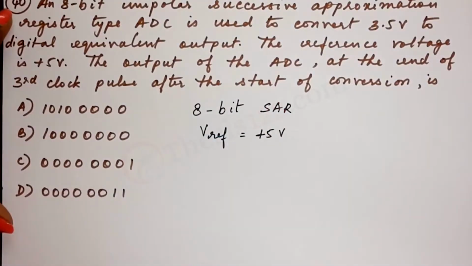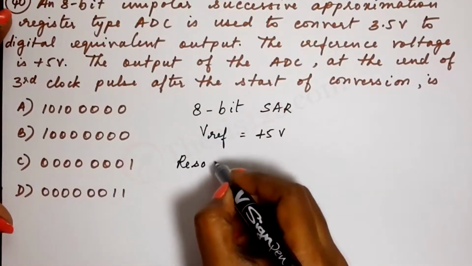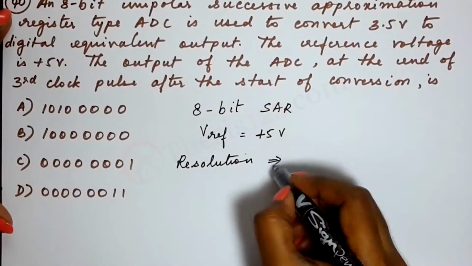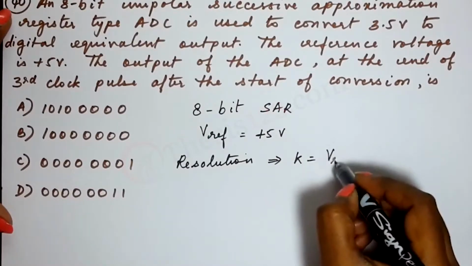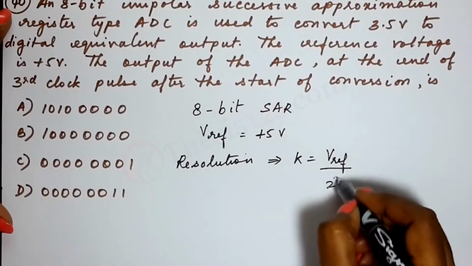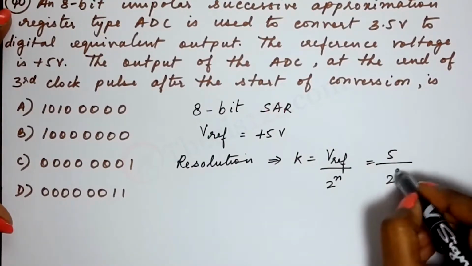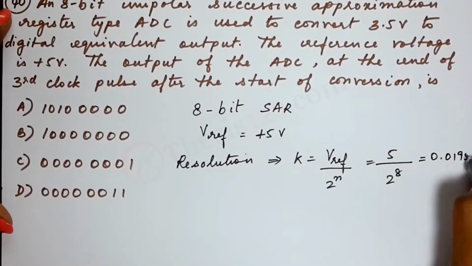Now since the reference voltage is given to us, we can calculate what the resolution is. The resolution is K, which is V reference divided by 2 power n. That's 5 divided by 2 power 8, which comes around to 0.0195.